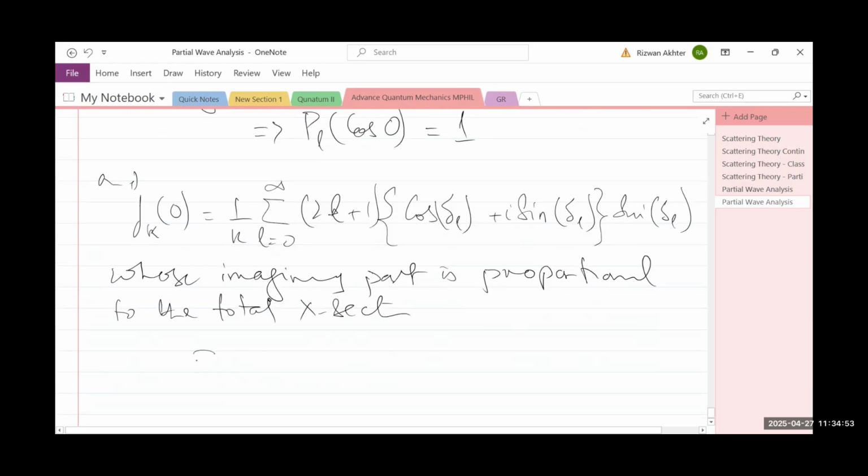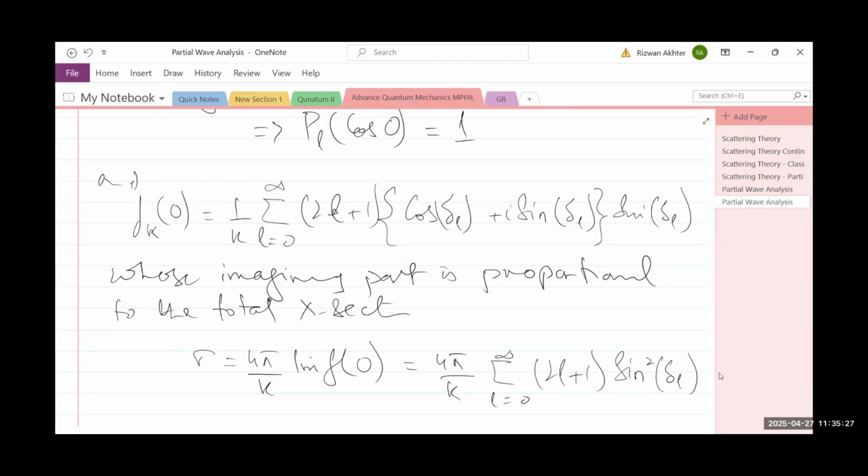So we have sigma, the total cross section, which is 4 pi over k, imaginary part of f of 0, and this is 4 pi over k, the sum over L going from 0 to infinity, of 2L plus 1, and sine square of delta L. A sine factor comes out from outside. This is known as the optical theorem. This is the relationship for the optical theorem.